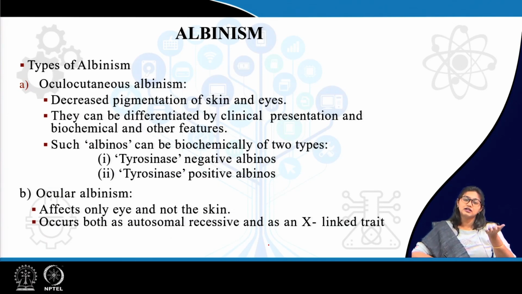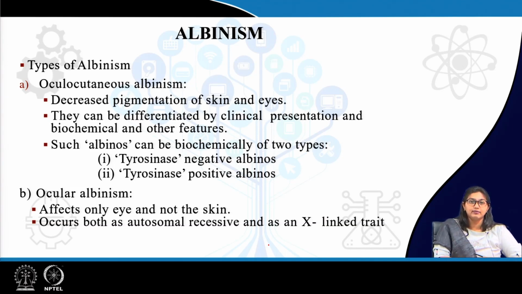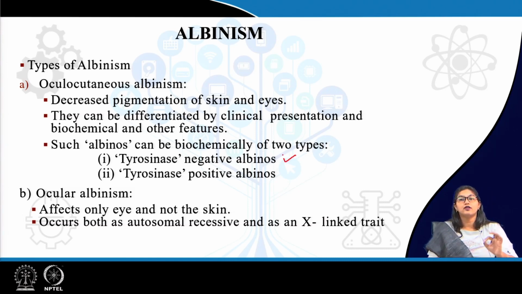Now, what are the different types of albinism? Albinism can manifest in eyes as well as skin. So, that can be cutaneous albinism, ocular albinism, or oculocutaneous albinism, both. Based on complete absence of tyrosinase, it causes tyrosinase negative albinos. So, if we want to detect the tyrosinase enzyme, it is completely absent, but those partially deficient in tyrosinase cause tyrosinase positive albinos.